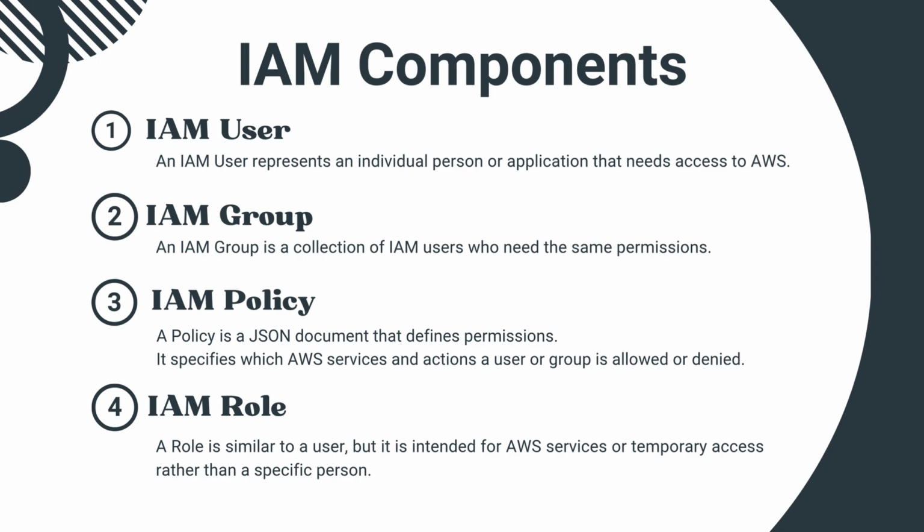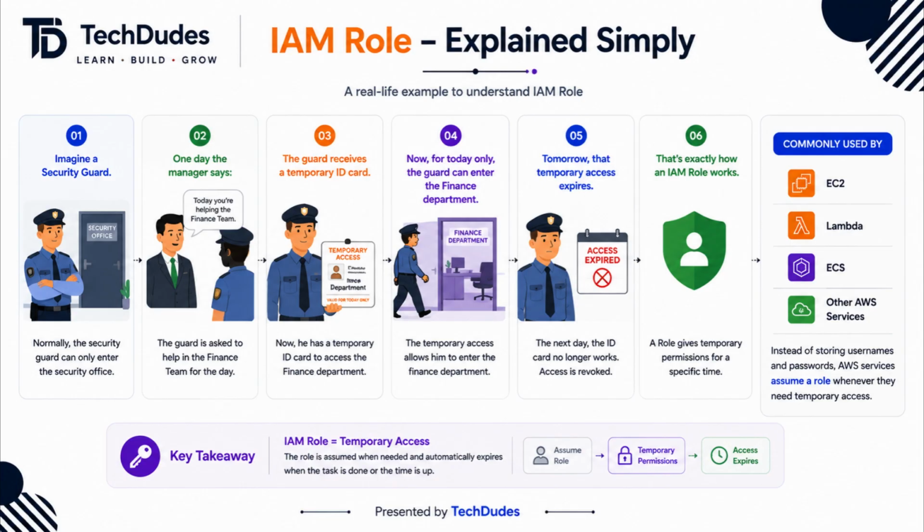Okay, IAM role. A role is similar to a user, but it is intended for AWS services or temporary access rather than a specific person. IAM role is nothing but a temporary identity. This is where many beginners get confused. Imagine a security guard who normally can only enter the security office. One day, the manager says, "Today you are helping the finance team." The guard receives a temporary ID card for today only.